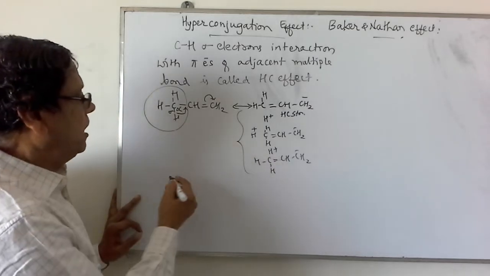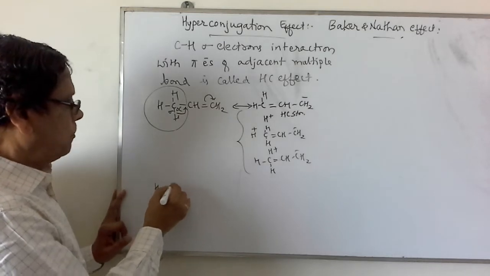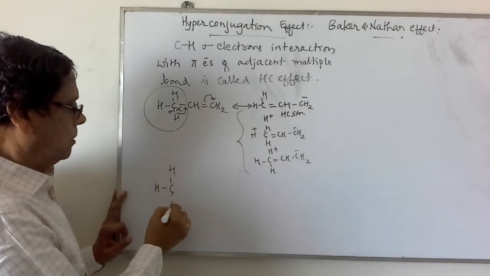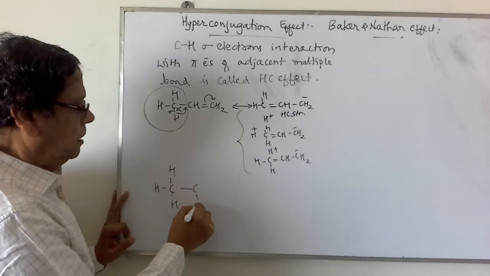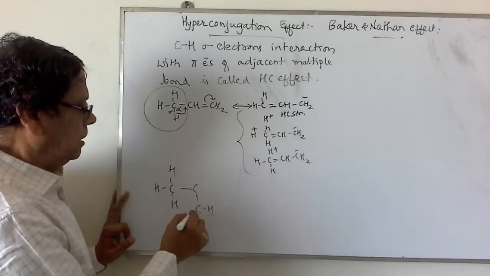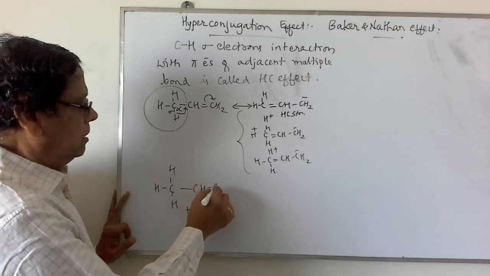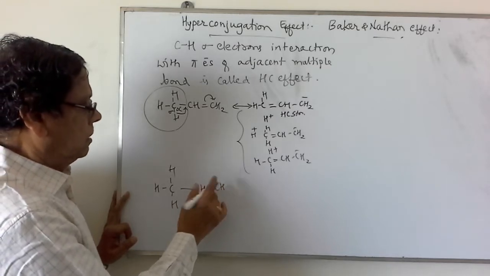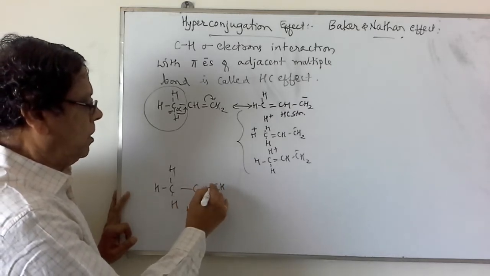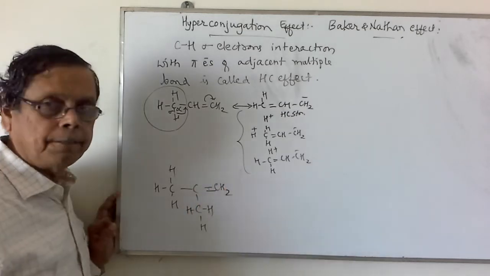Let us consider one more example. Suppose you take CH3, then one more carbon CH3, CH=C=CH2.